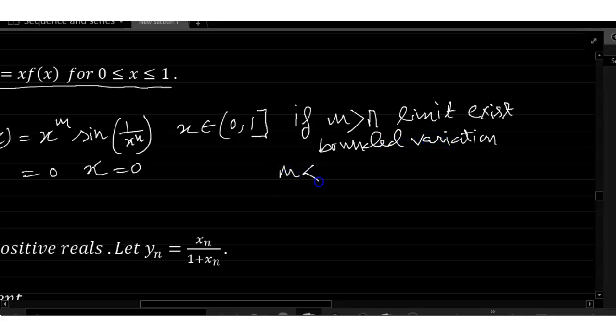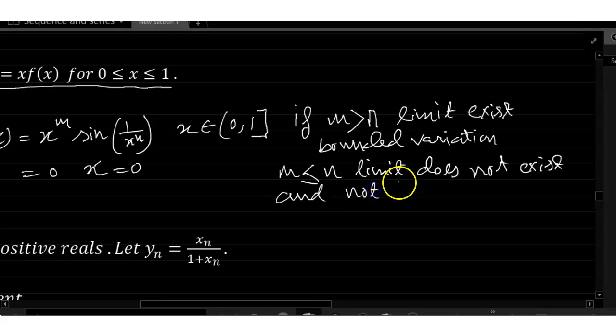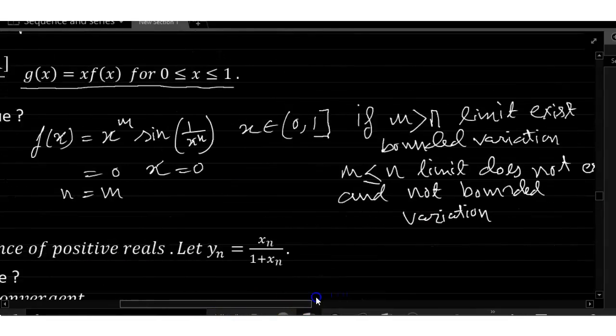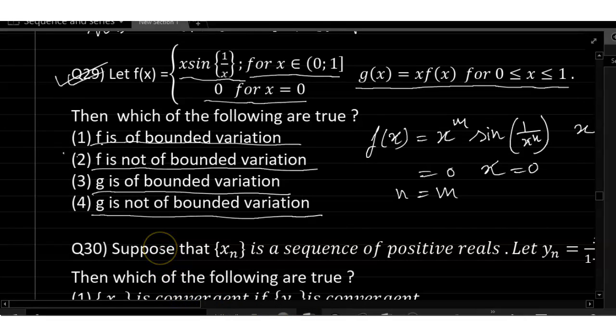If m less than or equal to n, then the limit does not exist, and it is not of bounded variation. So here n equals m, but the limit does not exist, so it is not of bounded variation.